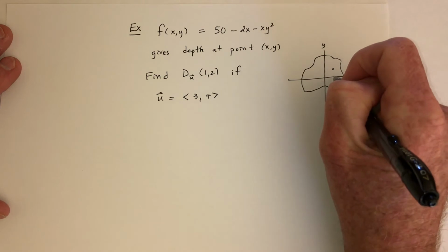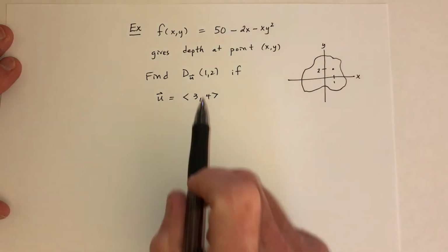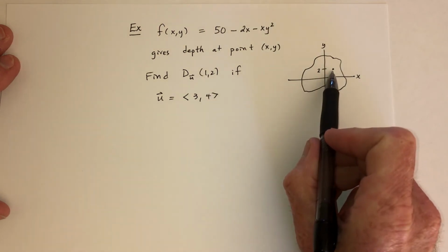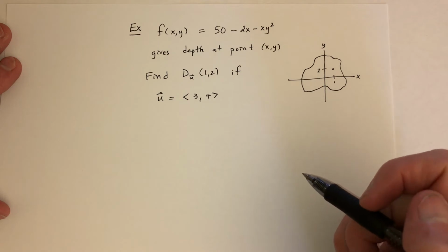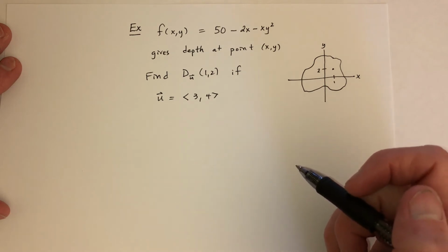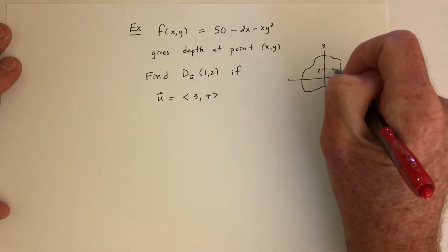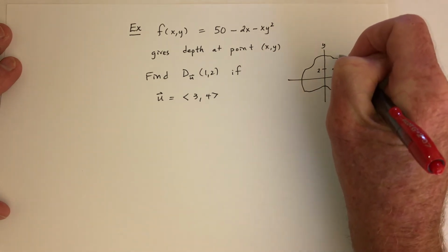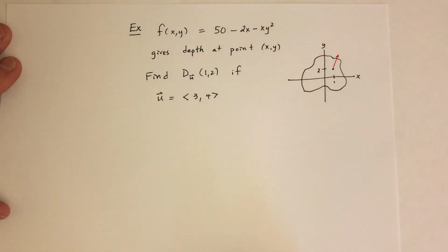So in other words, you go to the point 1, 2, and you're at that point 1, 2. Hopefully you're in a boat or maybe out there for a swim, and then you're going to go in the direction of 3, 4. So then go over by 3 and go up by 4. So you're going to be going in this direction. And then find the derivative.